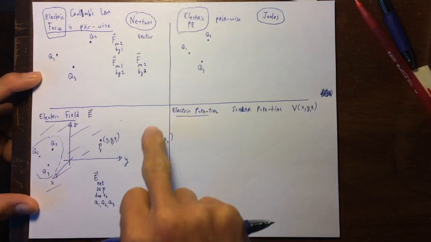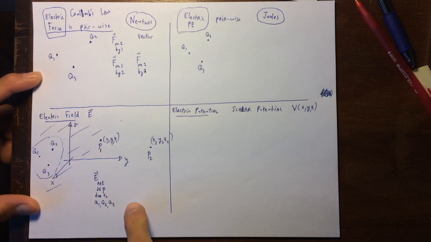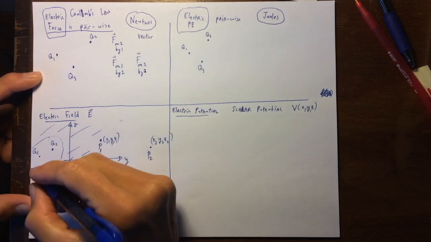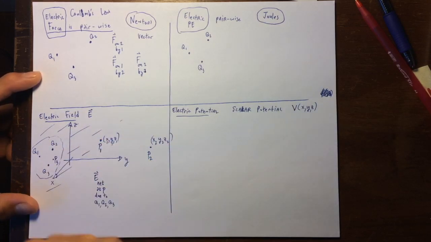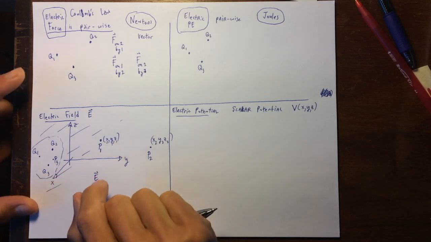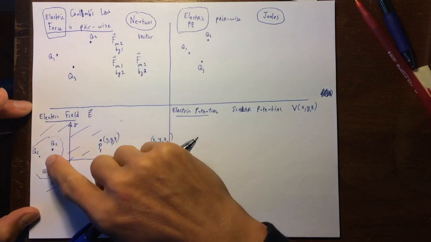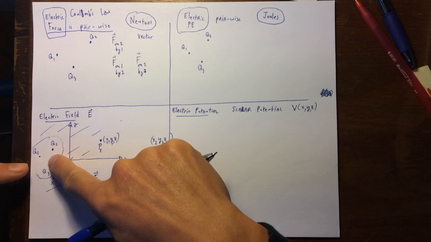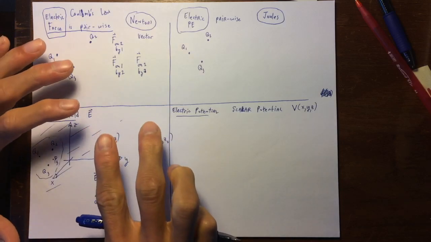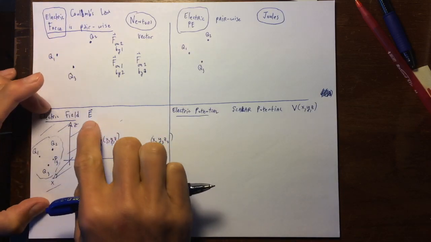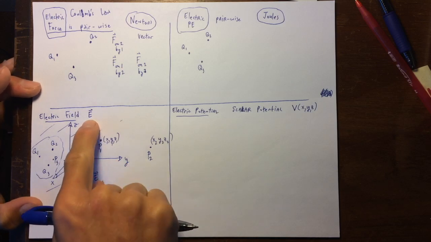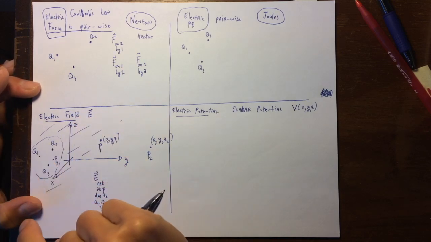It's got a value at all the places P. Even places P in here, like it could be that there's a P3. The point is this charge distribution does something to the space. It fills the space with what we were referring to as electric field. It's the electric field of those charges.